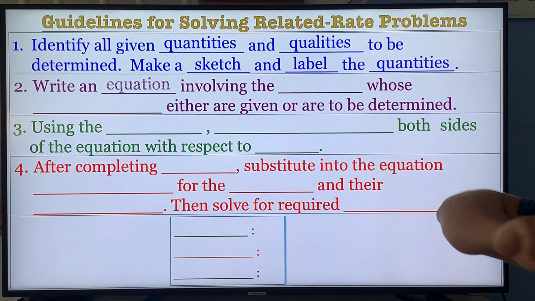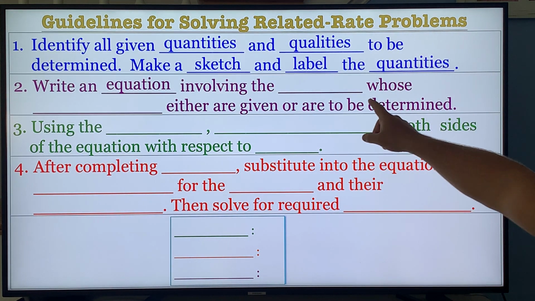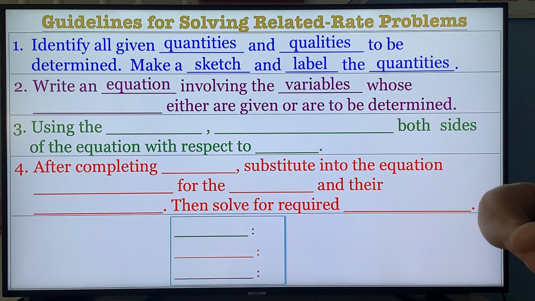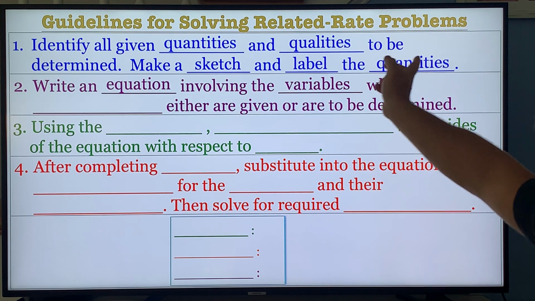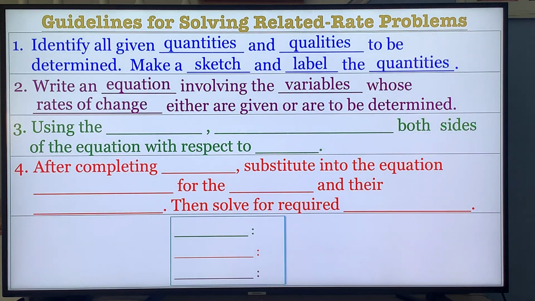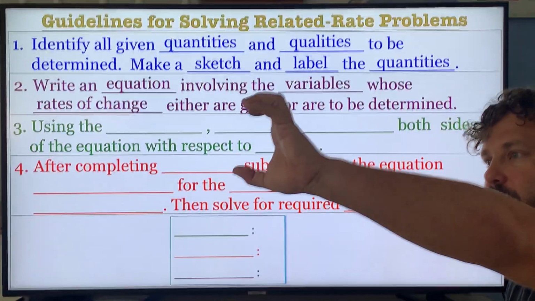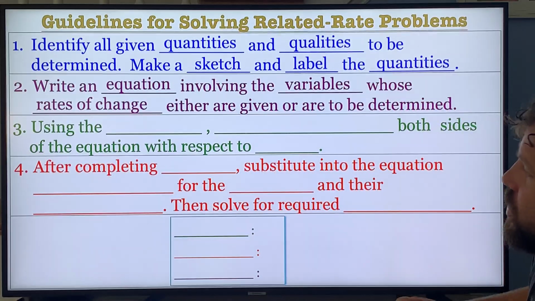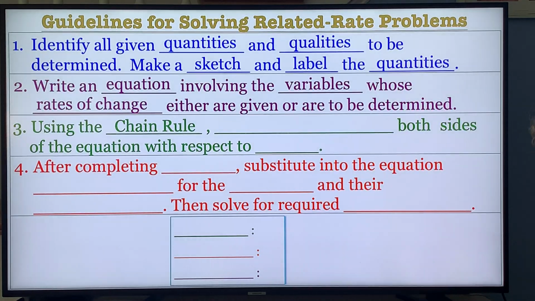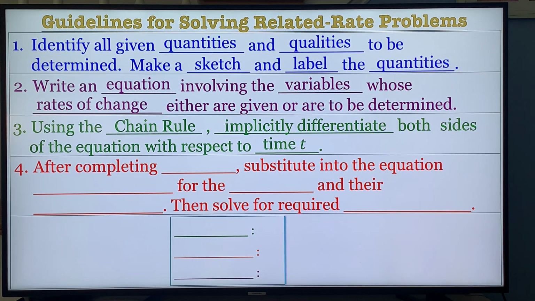You're going to write an equation involving the variables whose values are either given or to be determined, and whose rates of change you want to know, d(blank)/dt equals question mark. That's what you're going to try to find. Use the chain rule to implicitly differentiate both sides of the equation with respect to time t.